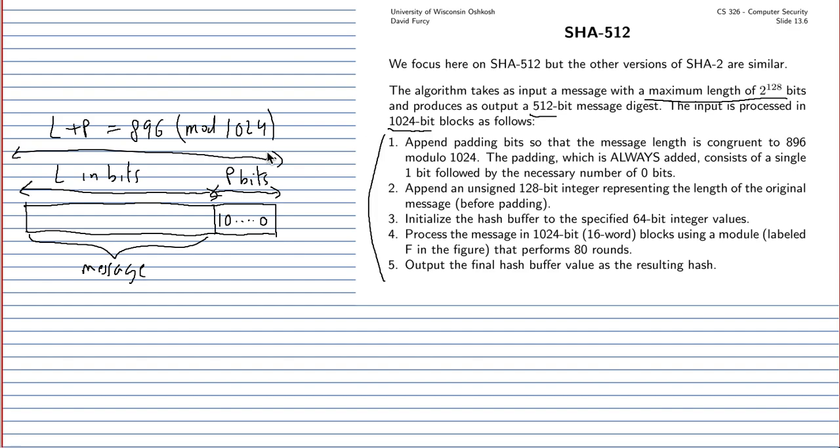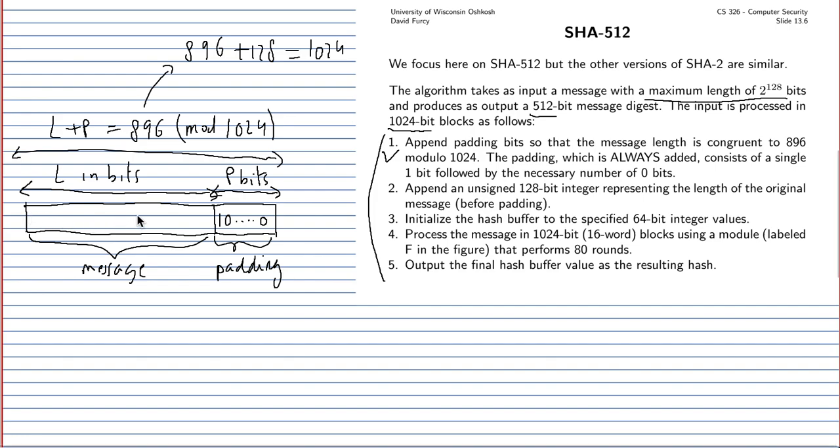You might wonder why we want something equal to 896 instead of 0 modulo 1024, since we're going to break up this message into blocks of this size. That's going to be clear in a minute, but let me point out right away that 896 plus 128 is equal to 1024. Notice that the padding is required.